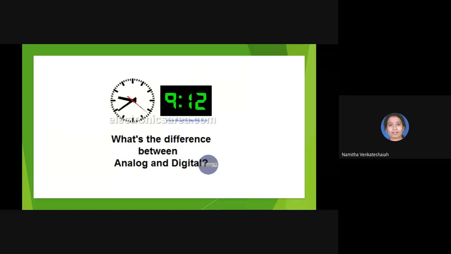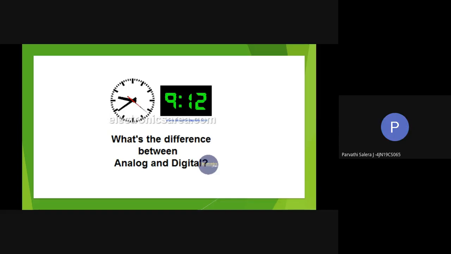Okay, Parvati Saler, can you type in the chat window what is the difference between analog clock and digital clock? Are you people there or not? Yes, ma'am. You can even tell yourself what is the difference between analog clock and digital clock. If you are not comfortable talking, you can type in the chat window.